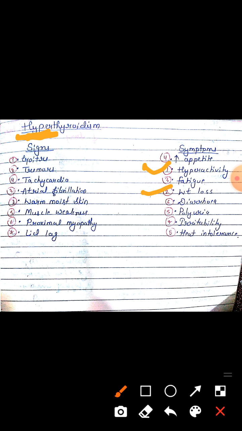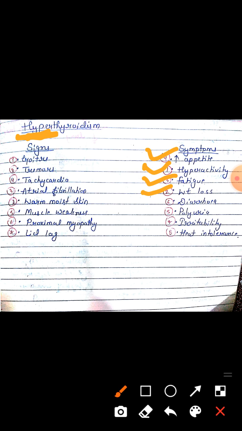So obviously there will be weight loss. If there is weight loss, the patient will feel fatigue. So the third thing is fatigue. If the patient is fatigued, he will tend to have more food. So his appetite will be increased because he wants more food. So increased appetite is the fourth point.